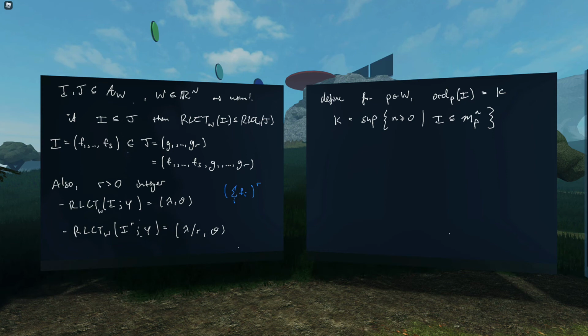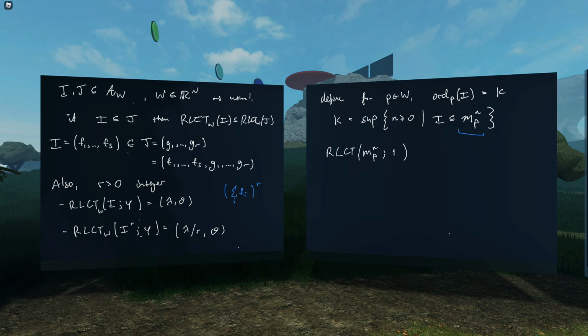Then we can calculate the RLCT of this in some neighborhood of the point P, using a constant prior.